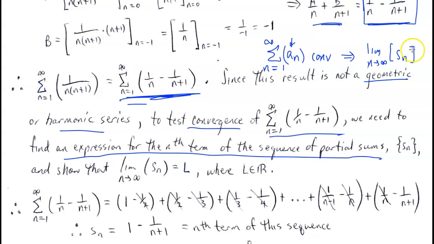And if the limit of the sequence of partial sums exists, then that means that this corresponding series will actually converge. Now, whenever we have to investigate what the sequence of partial sums would be to get some algebraic form of it, this particular case is called a telescoping series, because we have to list out terms and kind of telescope in to see, well, for the nth term, what is this going to look like?